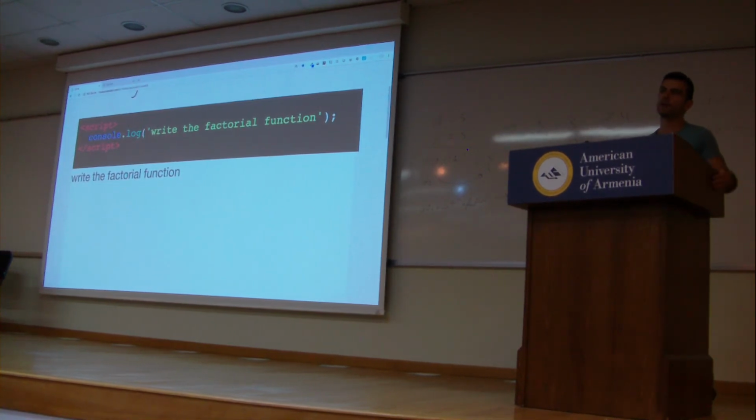Factorial of 5 is 5 times 4 times 3 times 2 times. You don't have to do times 1. You can if you want.